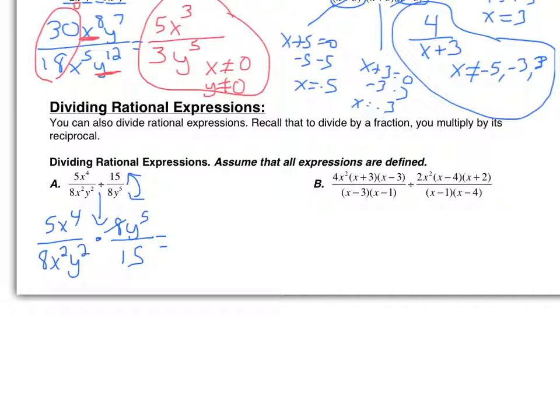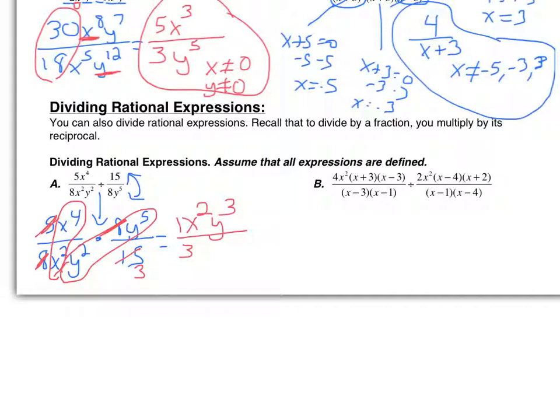So 8 cancels with 8. 5 goes into 15 3 times. So I have a 3 on the bottom and 1 on the top. And then I'll look at x to the 4th and x squared. It's x squared, 2 bigger on top. And y to the 5th over y squared is 3 bigger on top.